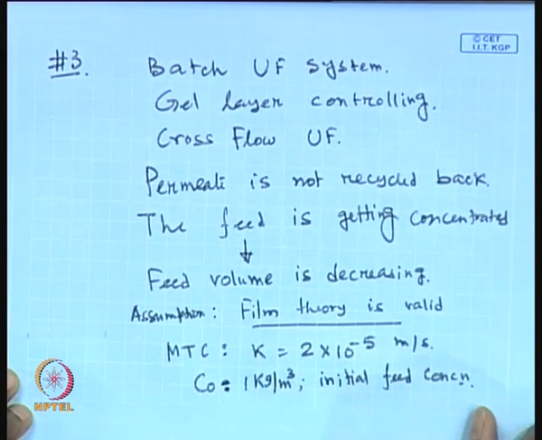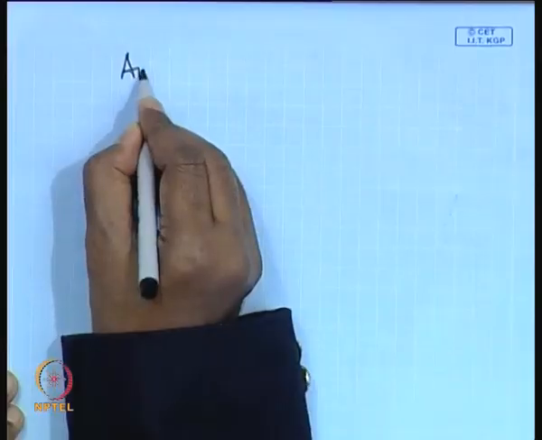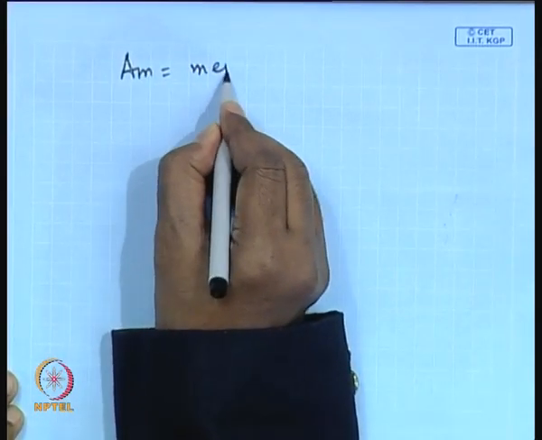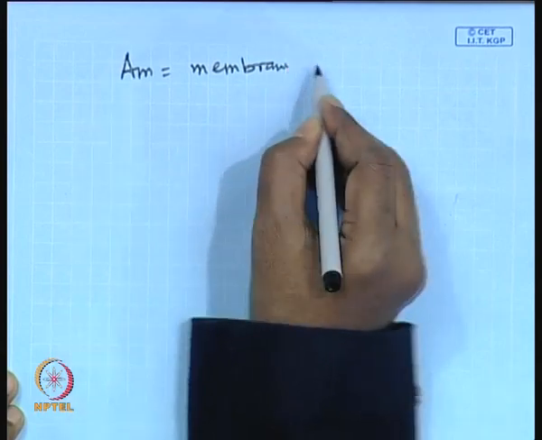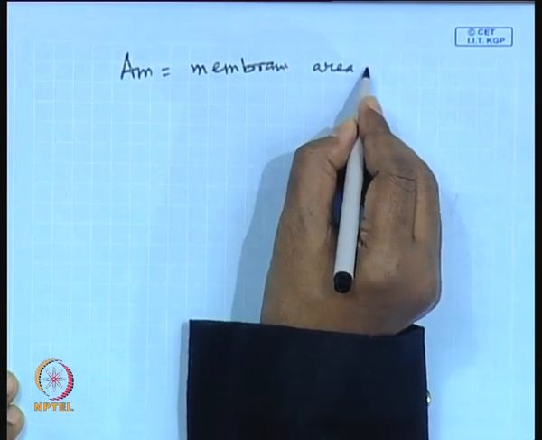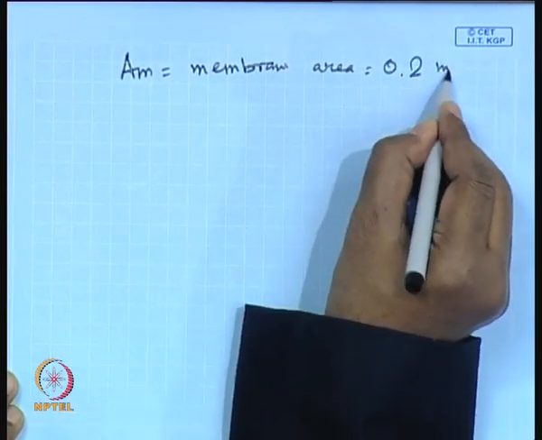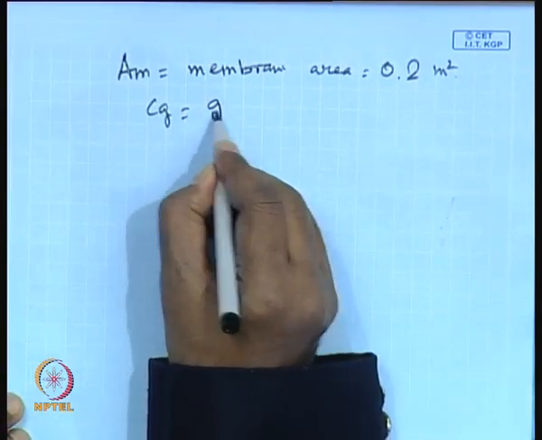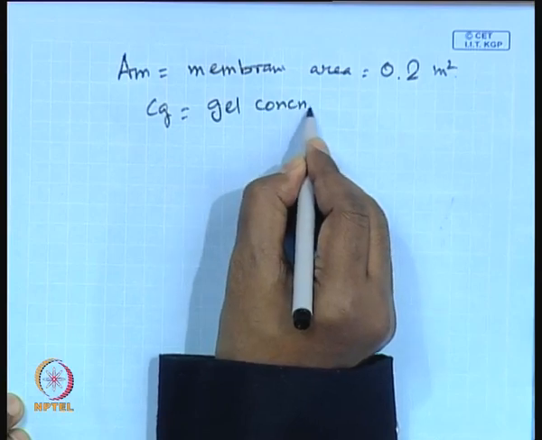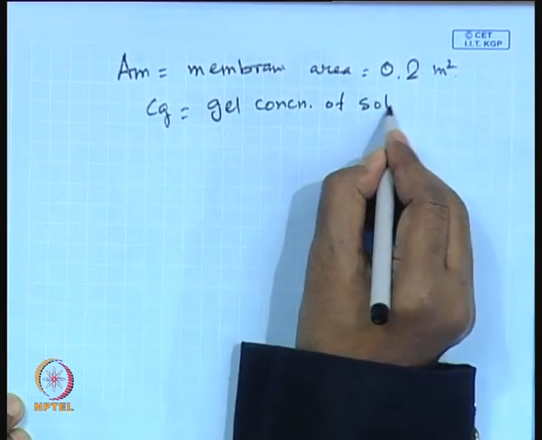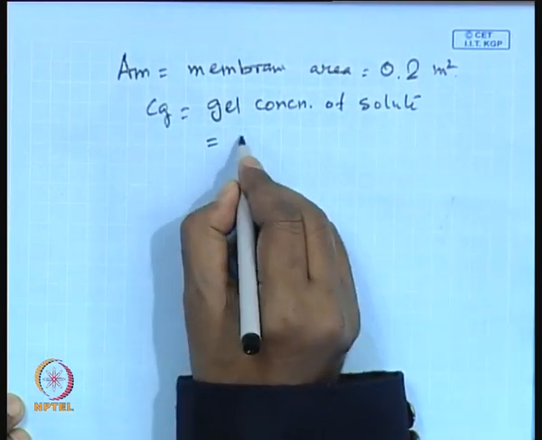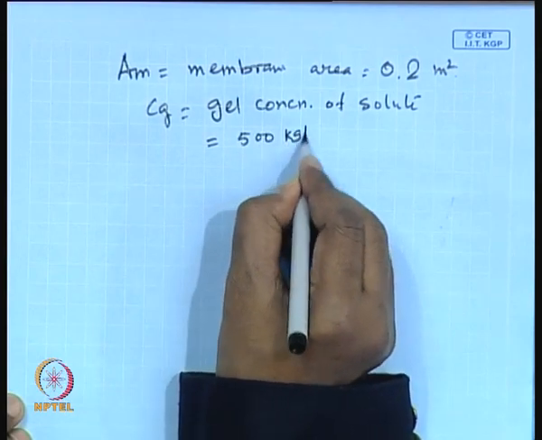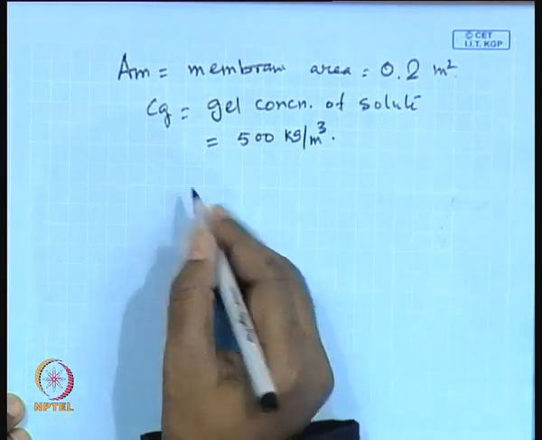The effective filtration area of the membrane is given as 0.2 meter square, and gel layer concentration of the solute is given as 500 kg per meter cube.